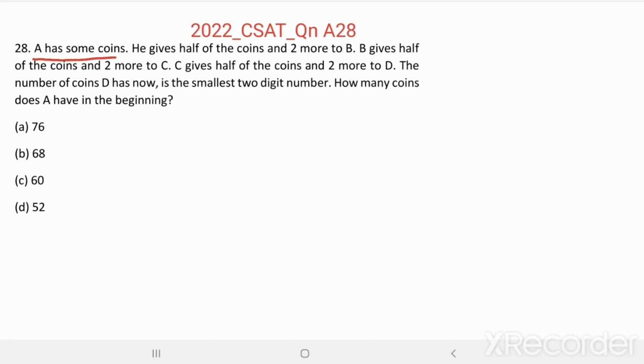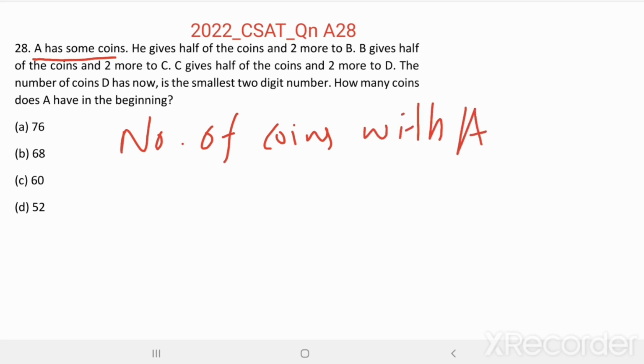A has some coins. Let us take the number of coins with A initially equal to X. Then A gives half of the coins and 2 more to B, B gives half and 2 more to C, and C gives half and 2 more to D. We have to find the value of X, the number of coins with A initially.